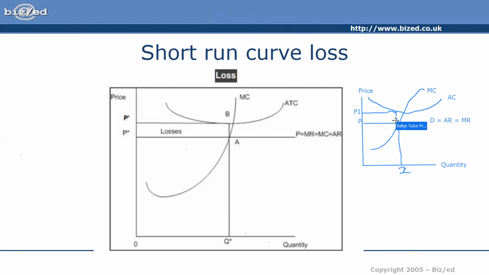Now, if I wanted to calculate my loss, I could actually do that if I had numbers. So let's say this quantity was 10. This price is 5. And this price is 6. My total revenue would be my quantity multiplied by my average revenue.